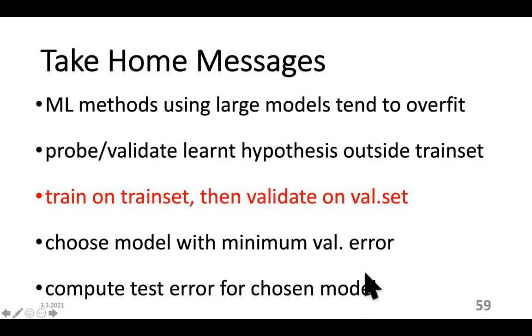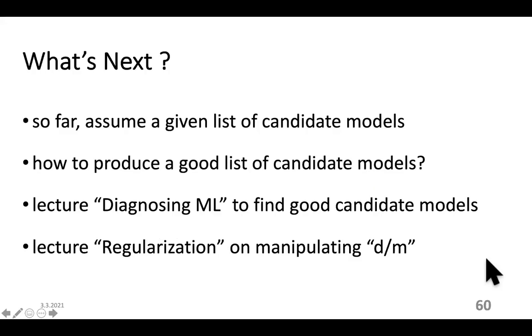Then if you have several candidate models, you choose the model based on the smallest validation error. And as soon as you use the validation error to choose a model, you must then test the finally chosen model on a test set. So you have a training set, a validation set, and a test set.